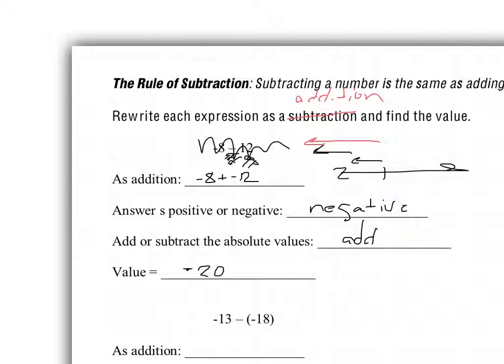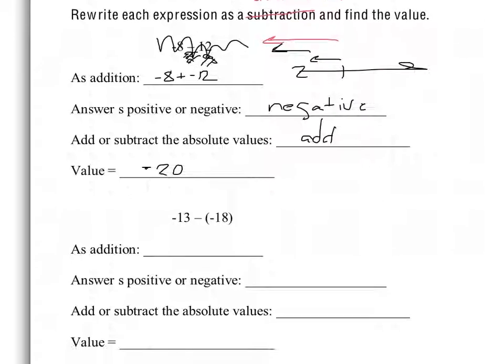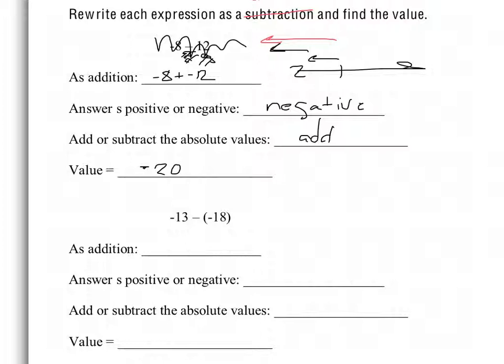Rewrite it as an addition so you can use the rules that we learned about yesterday for addition. Go ahead and finish the rest of this page on your own. Work through the entire thing and then check in, or finish one problem and check in.